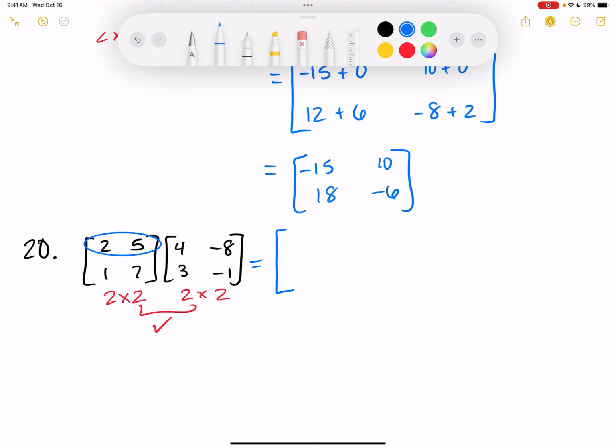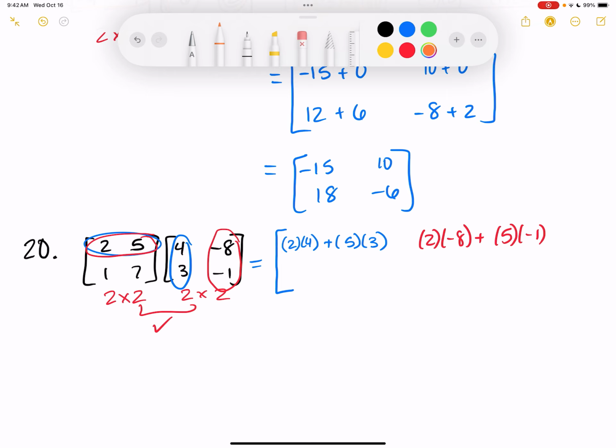All right. First row, first column. So 2 times 4 plus 5 times 3. And then you go to the right side. First row, second column. 2 times negative 8 plus 5 times negative 1. And the bottom.